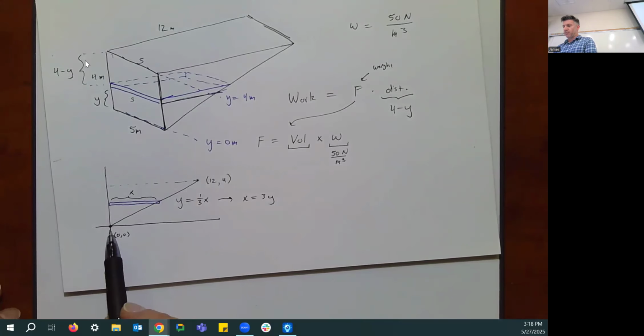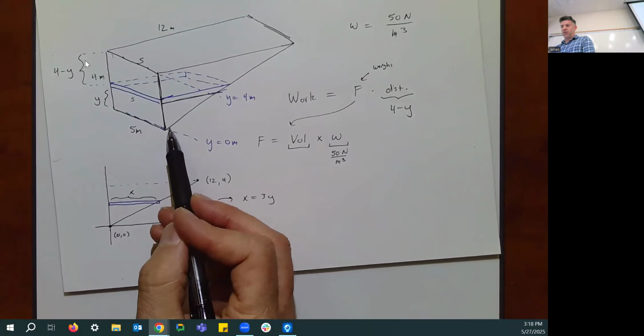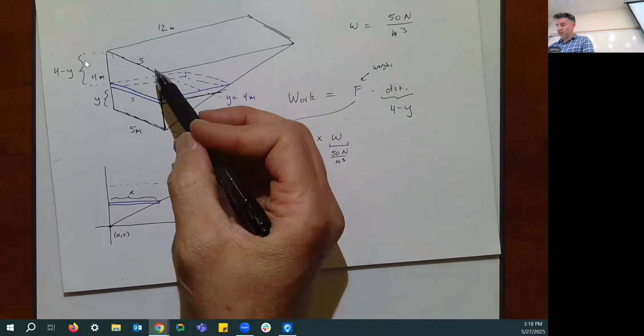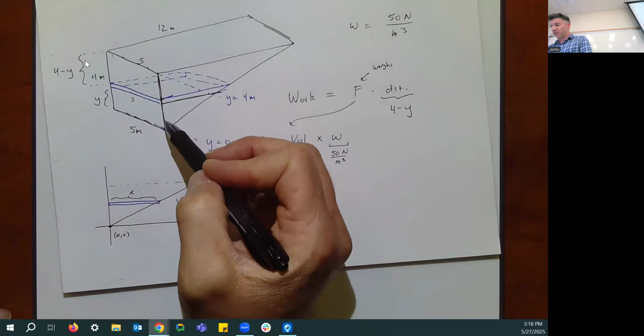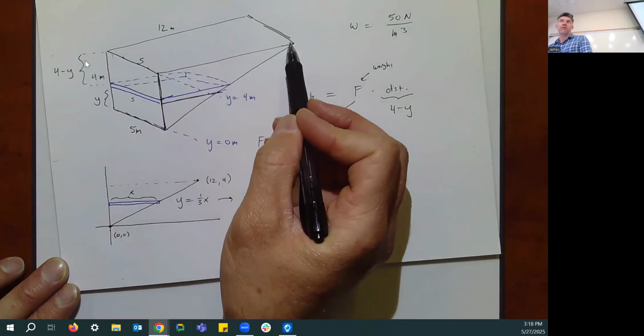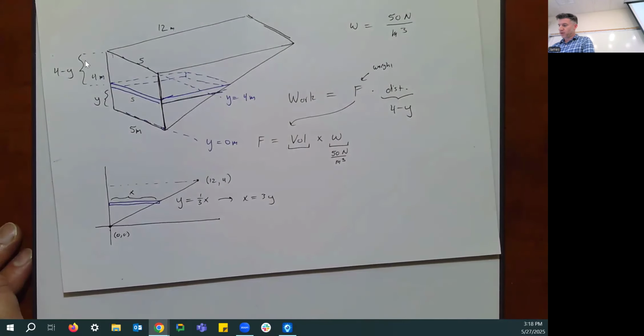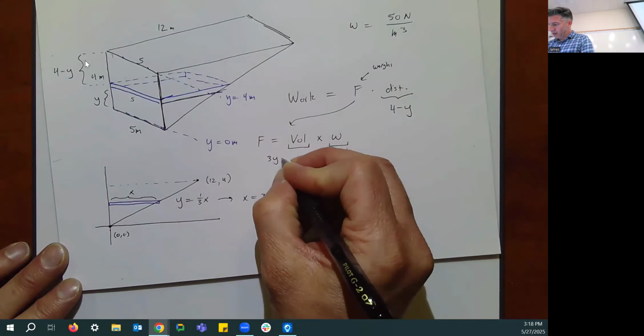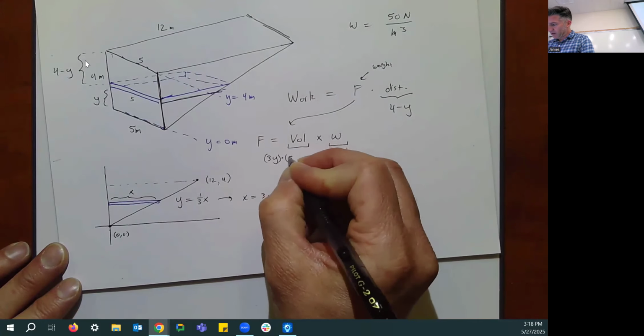If y is 0 at the bottom, x is 0, our length is 0, right? We don't have anything. Whereas if y is 4 at the top, x is 3 times 4, which is 12. Seems plausible. So that means our volume is going to be 3 times y times 5 times dy.